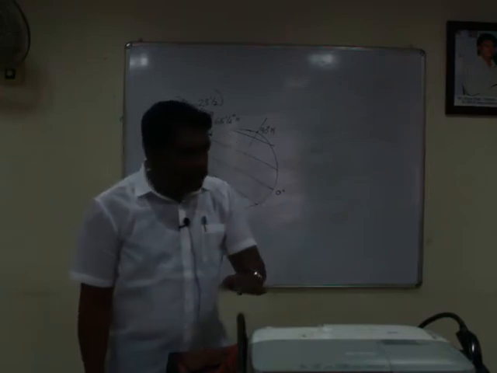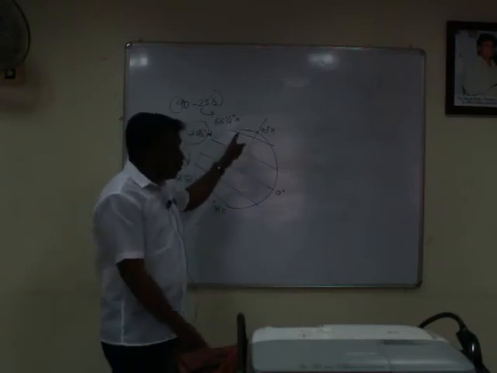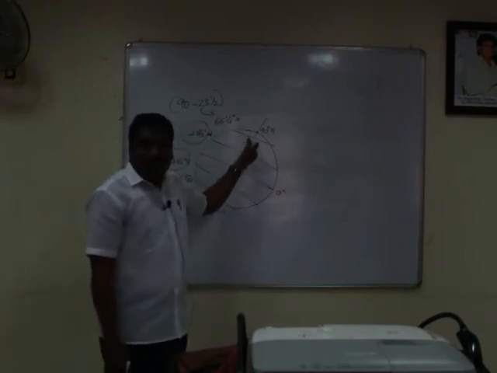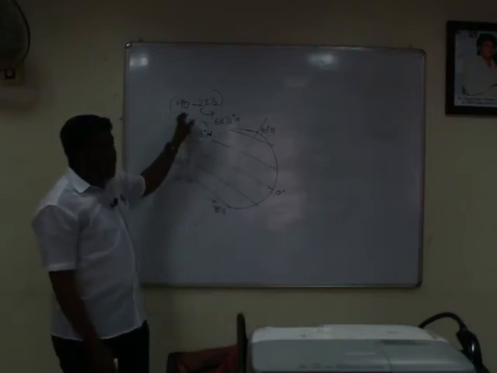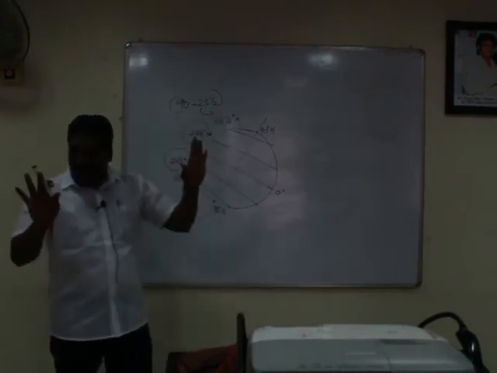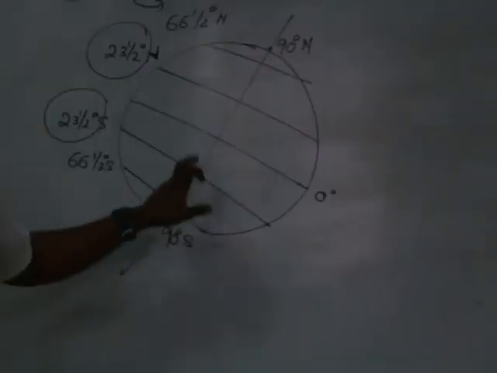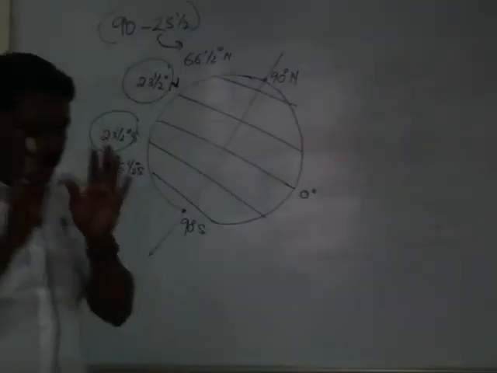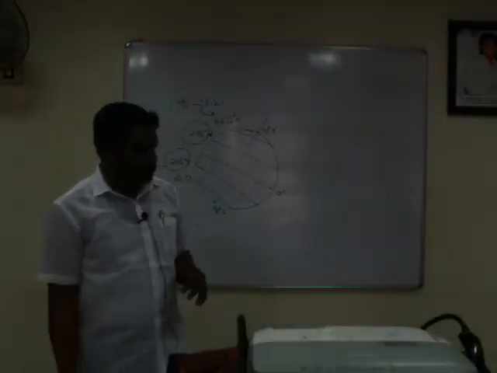And the Tropic of Capricorn? 30 degrees south. What would have been your Arctic Circle? 60 degrees. Fantastic. Why? 90 minus 30. Right. So somewhere I have an idea that all these latitudes are directly related to the tilt of the Earth.